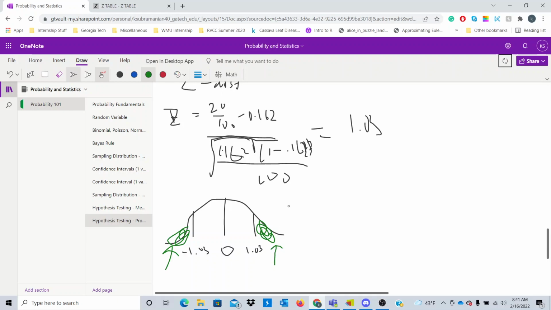So we want to see if the sum of these two green areas is under 0.05. But because this area is symmetric, all we have to do is check the probability of z greater than or equal to 1.03, which will be equal to the probability of z less than or equal to negative 1.03. And this is due to the symmetric nature of the normal distribution.